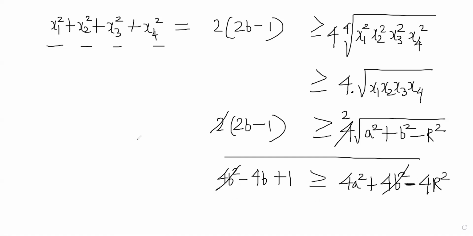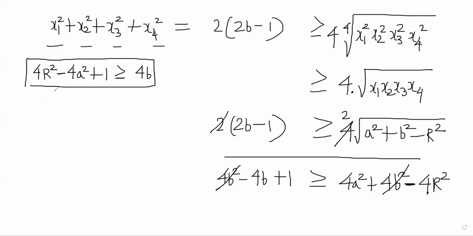4b square gets cancelled and we get 4r square minus 4a square plus 1 is greater than or equal to 4b. This is the relation that we are getting. So r square minus a square plus 1 by 4 is greater than or equal to b. And we have already figured out that b is greater than half.